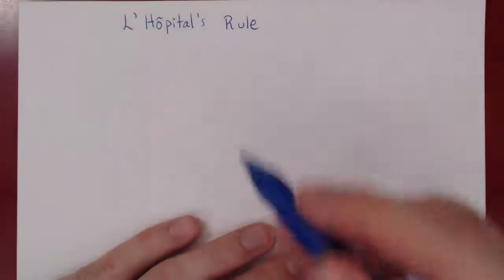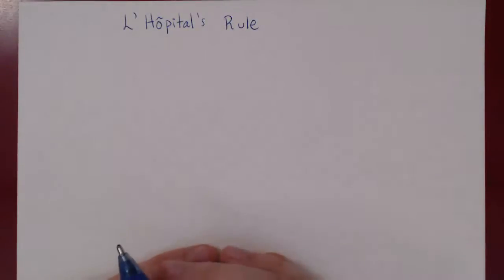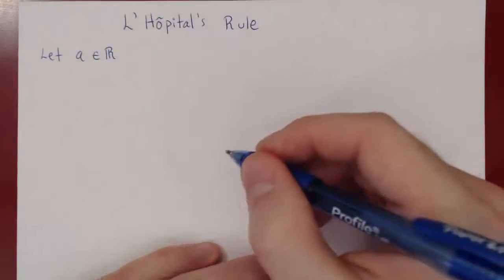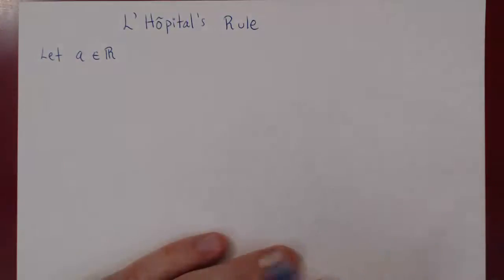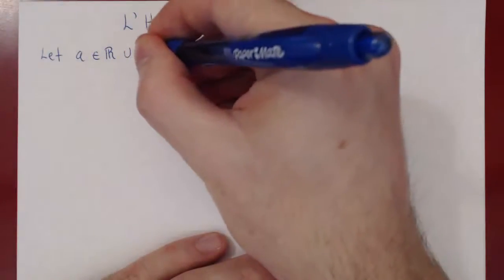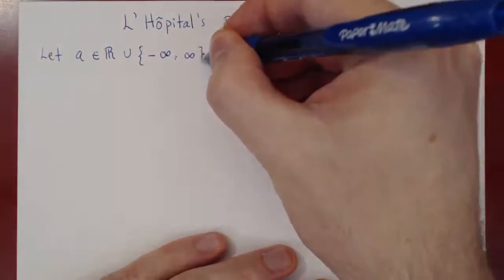So here's the statement of L'Hôpital's rule. The statement is actually quite simple, and very early on we'll extend it to more general cases. So let a be an element of the real numbers, but a could also be positive or negative infinity. So we'll write union, negative infinity, positive infinity.